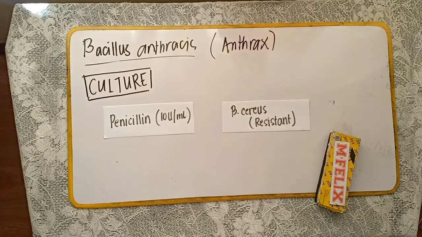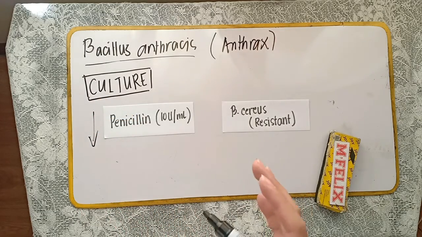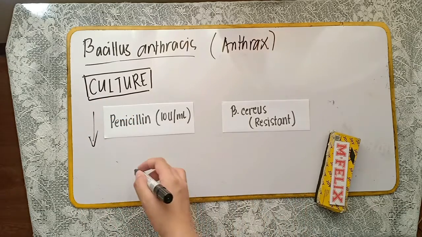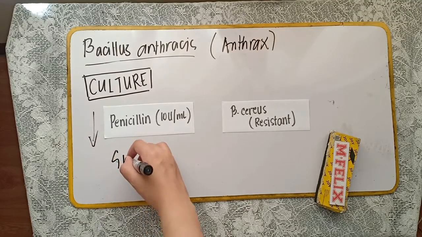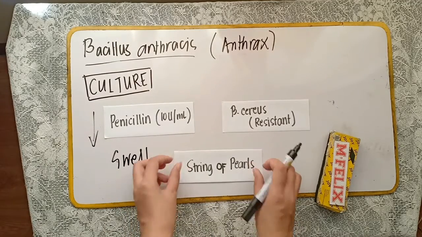Now, paano yung procedure natin dyan? This is simply an antimicrobial susceptibility test using your penicillin disc. Okay? Now, after incubating your culture media containing low levels of penicillin, it will cause the bacteria to swell, forming now a chain of cells that resembles a string of pearls.